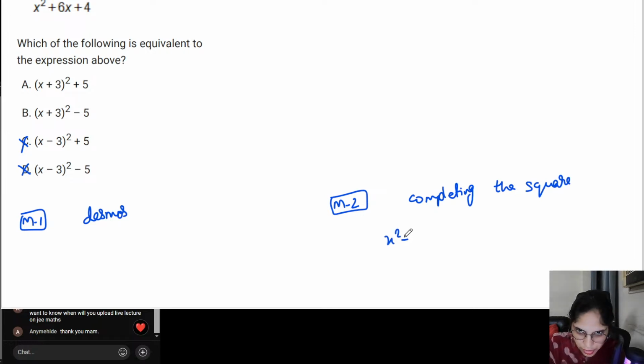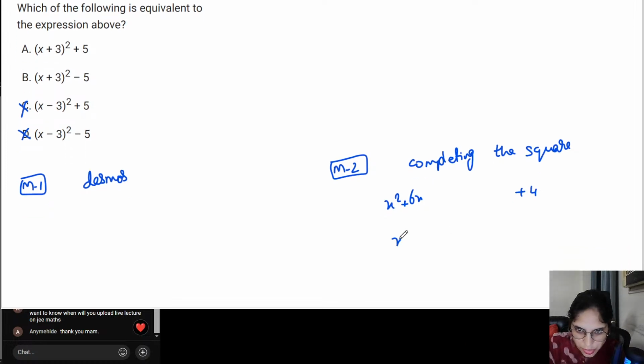You have x squared plus 6x plus 4. So you write plus 4 a little over here. Now to complete the square, we just have to divide the coefficient of x by 2 and take its square. Because I'm adding this, I have to subtract this as well.